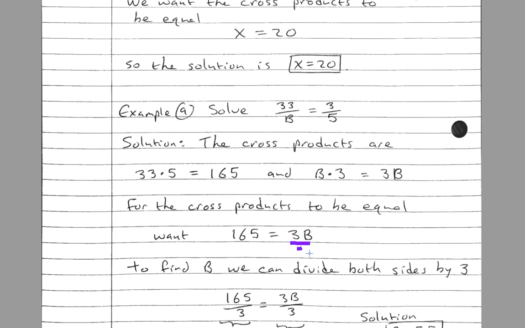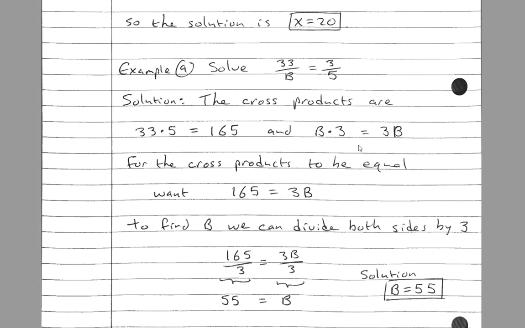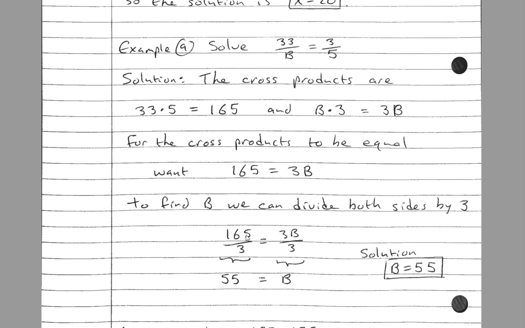Divide this by 3. Divide this by 3. So as long as you're doing the same thing to both sides of an equation, if it starts off true, then it stays true. And 165 divided by 3, you can check it's 55.